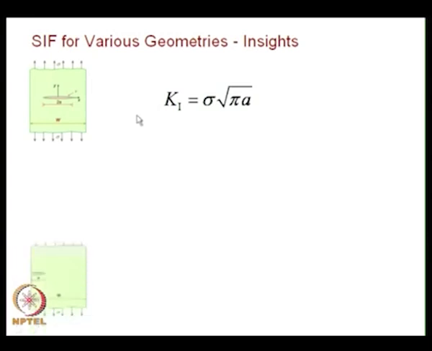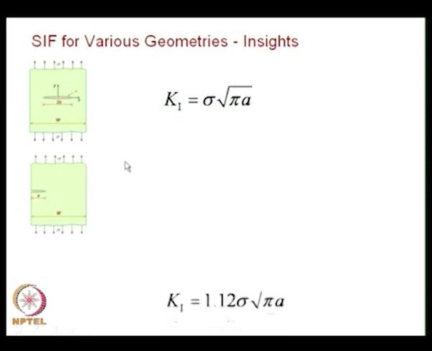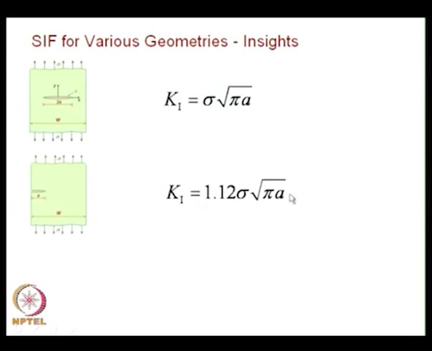The moment you go to an edge crack, we have noted from our discussion, edge cracks have a higher stress intensity factor than a center crack. We had a factor of 1.12 for an infinite plate. For a finite plate, you will have a function related to a by W or 2a by W, depending on how the result is reported.